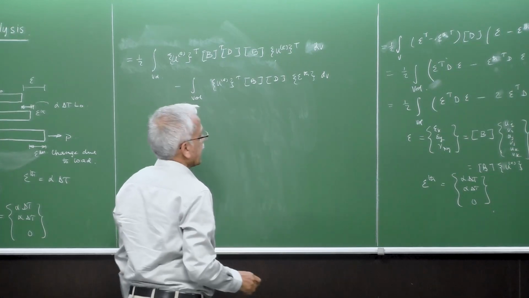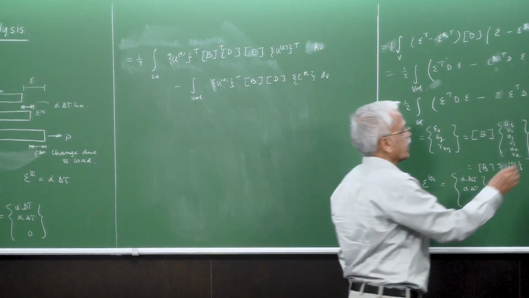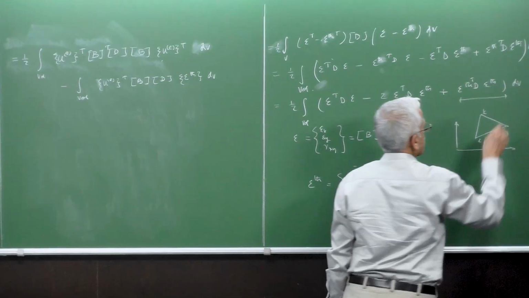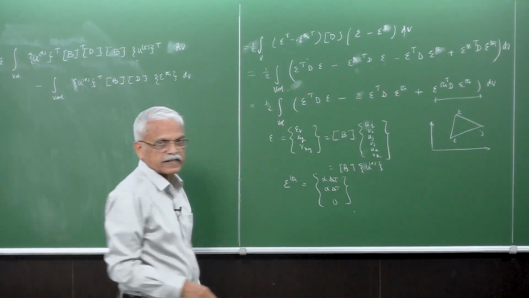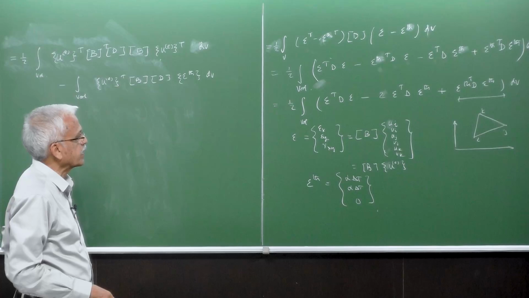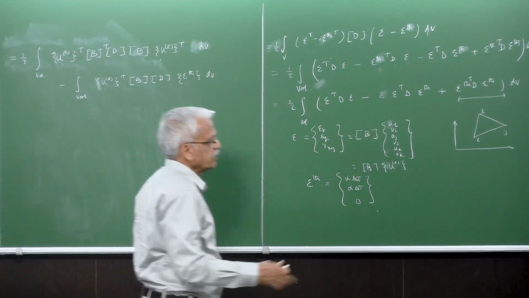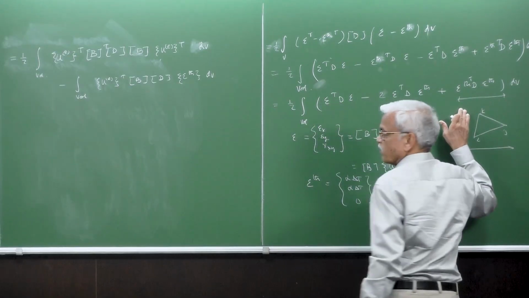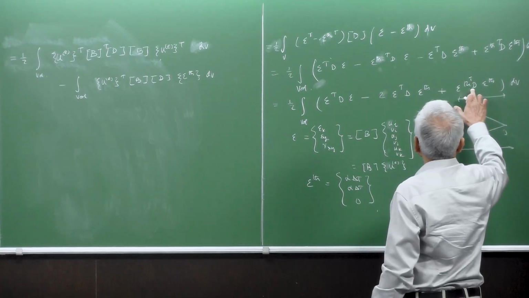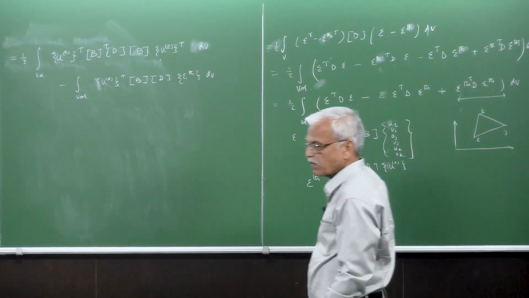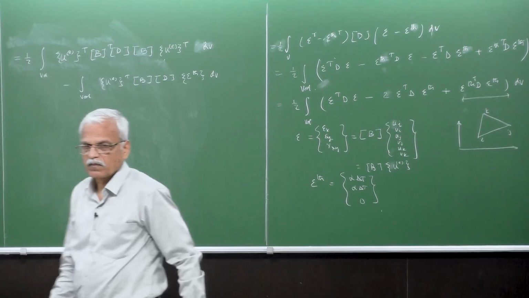Okay. And what about the last term here? I say we can neglect it. For what reason? Given a problem, given the temperature, epsilon thermal transpose D epsilon thermal is a constant value.